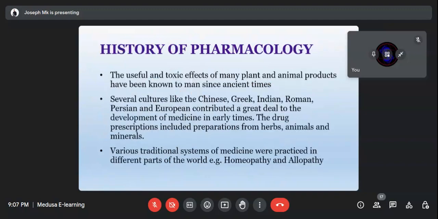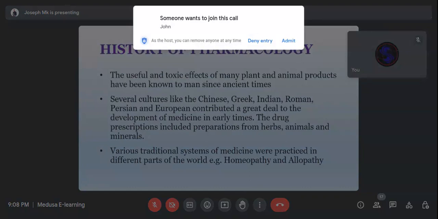Then moving on, we are looking at the history of pharmacology. Just like I said, there might be some of you who are so interested in knowing how drugs came about, the father of pharmacology, things like that.